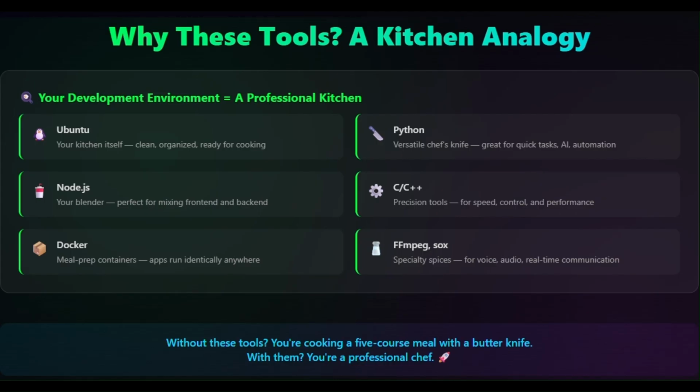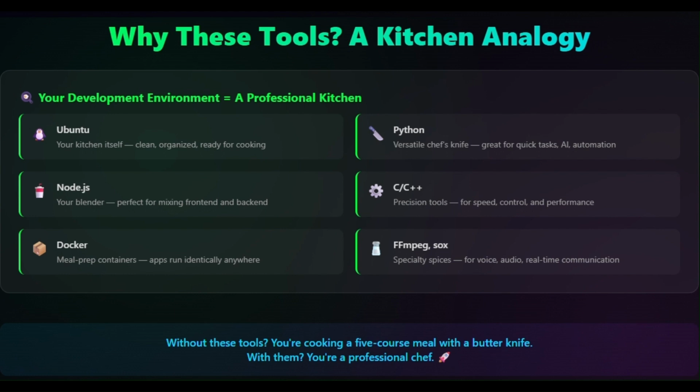Before we start typing commands, let me explain why we are installing these specific tools, and I will keep it fun. Think of your development environment like a kitchen. Ubuntu is your kitchen itself, clean, organized, and ready for cooking.